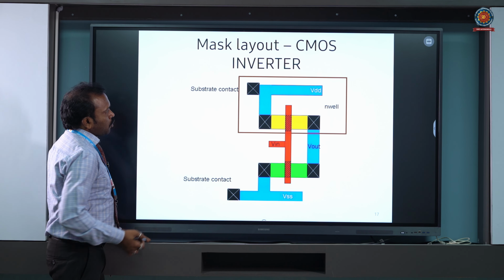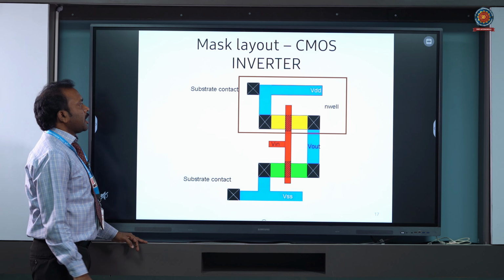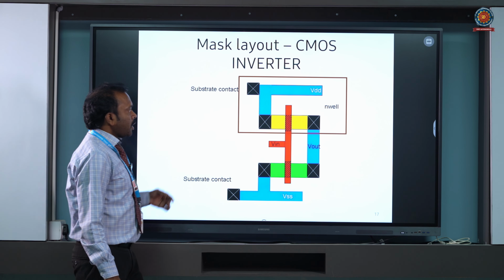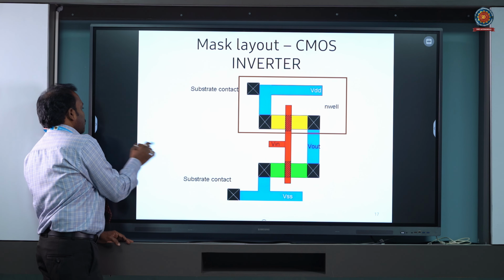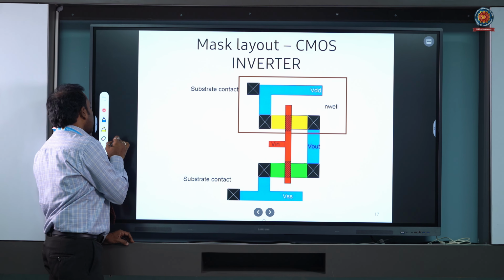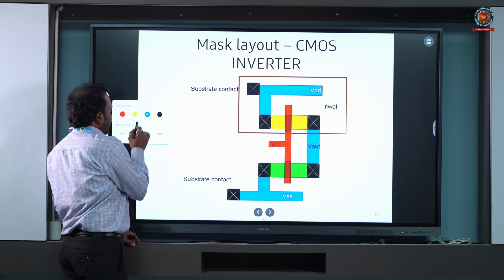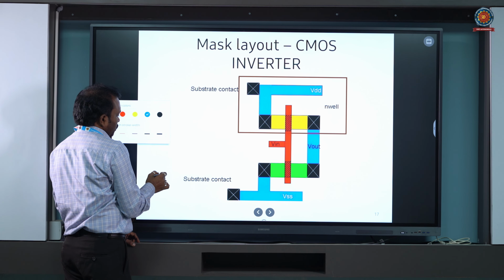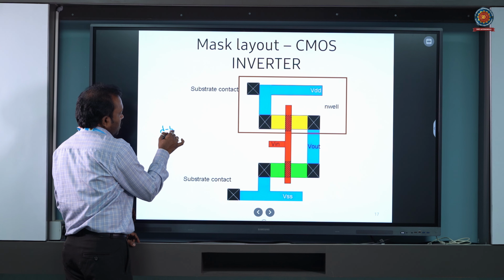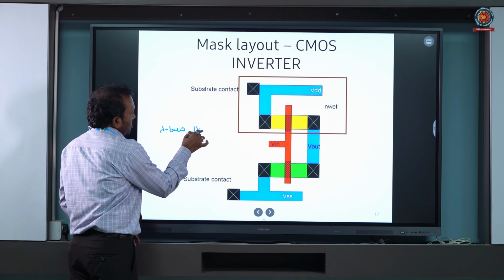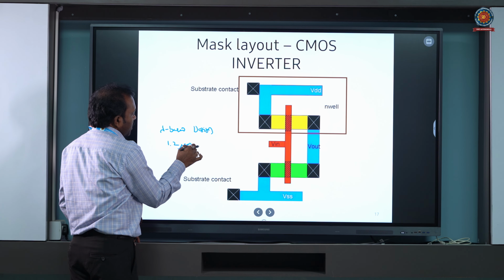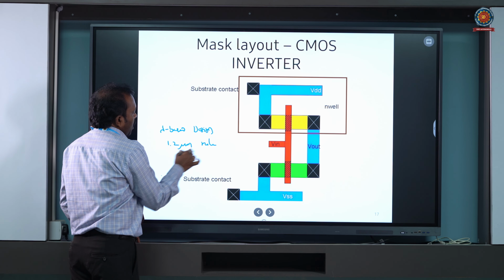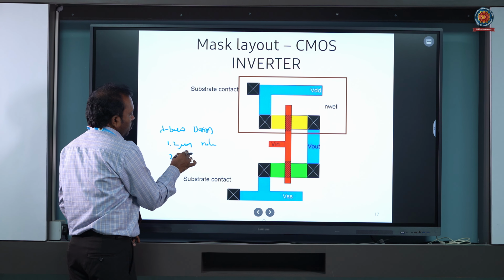Next we go for a layout. Layout is simply the rules, like the lambda based design rules that we have in CMOS design. Again, they are further classified into 1.2 micrometer lambda based design rules, or 2 micrometer rules.